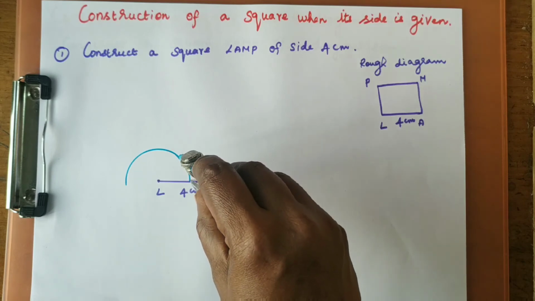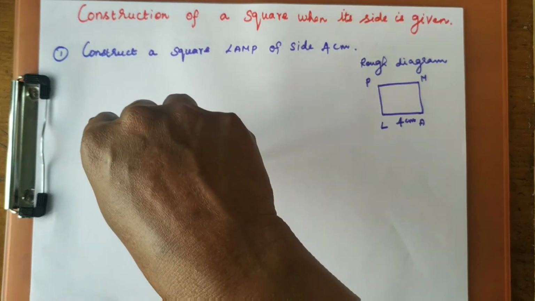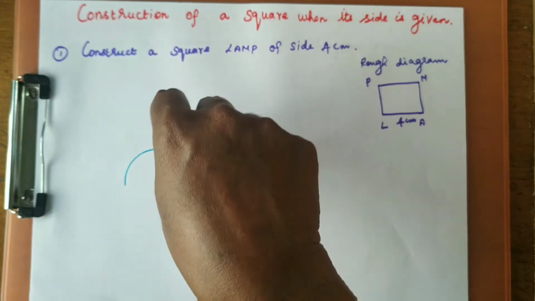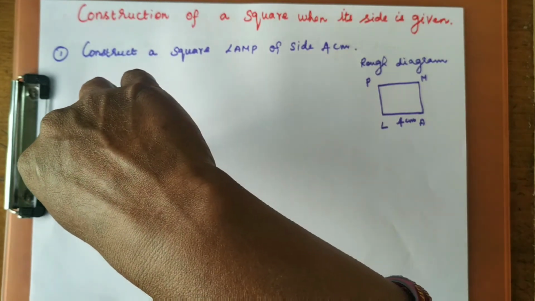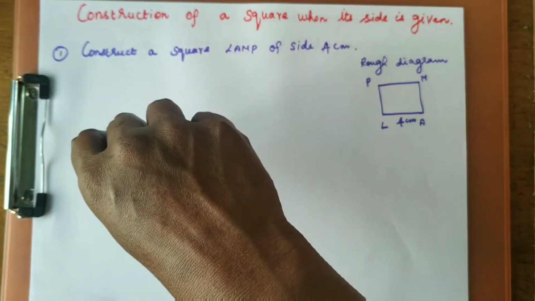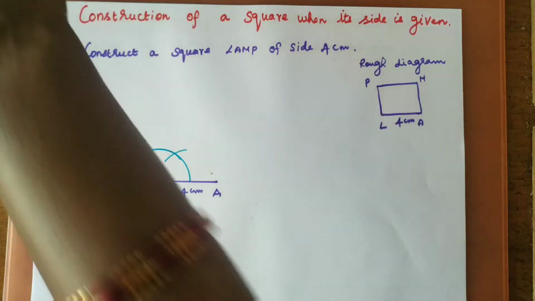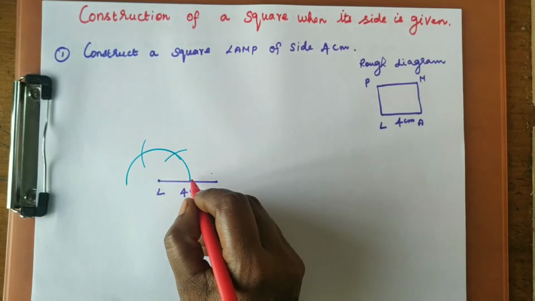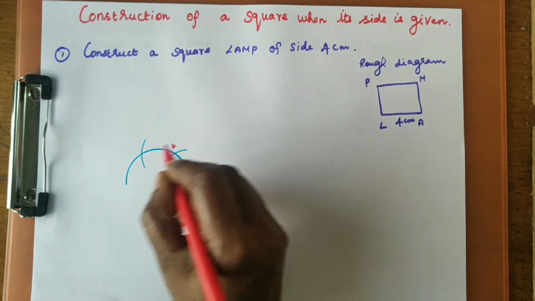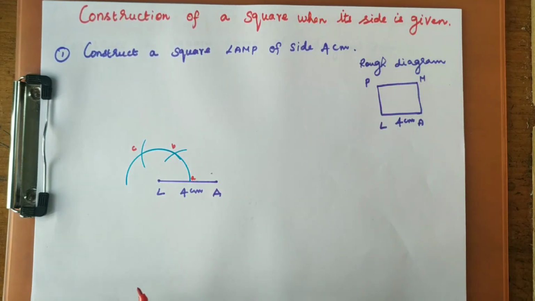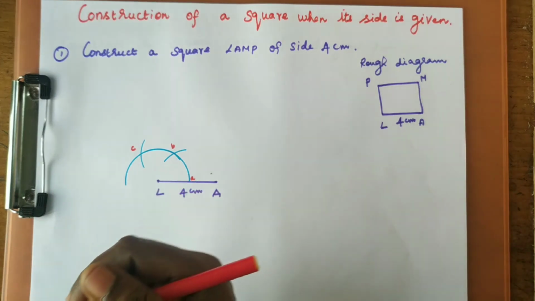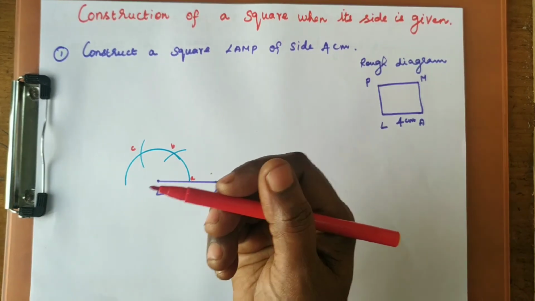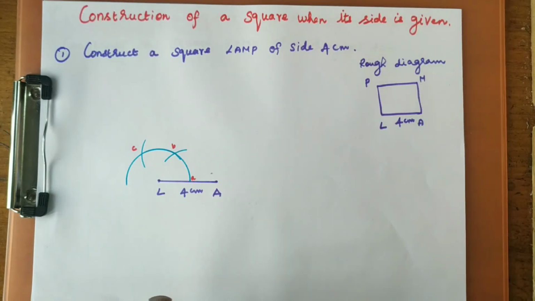From that point mark one arc. Again from the second point mark one more arc like this. You can name them A, B, C just for a clear idea. No need to give names also, I am giving names to these points just to get a clear idea.